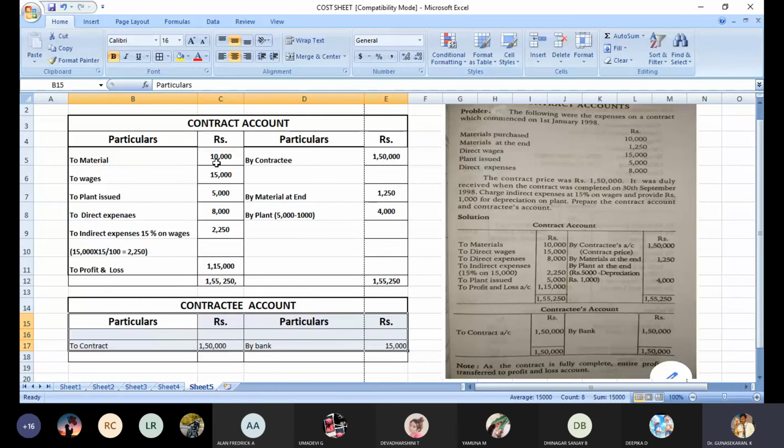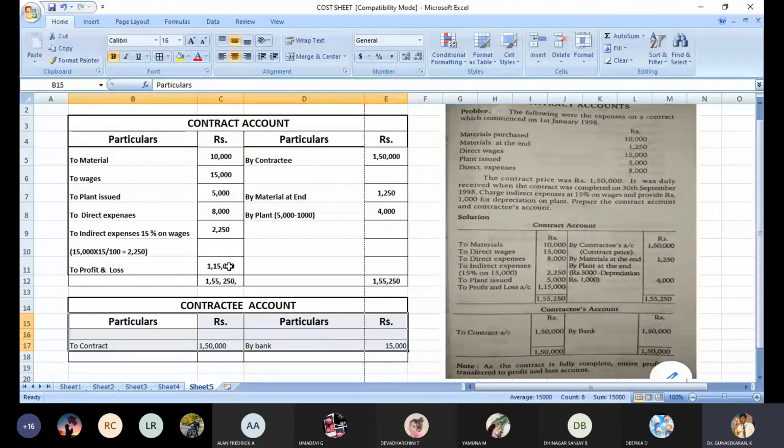Total expenses are 25,000, 30,000, 38,000, 40,250. This amount is subtracted from 1,55,250. The difference is called the true profit, 1,15,000. That's all. So this is the contract account.